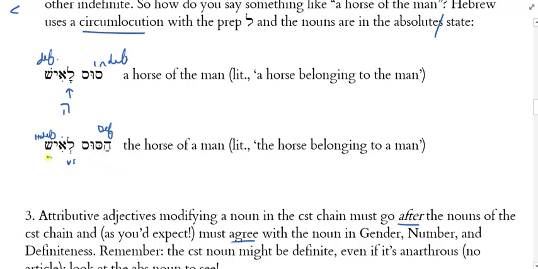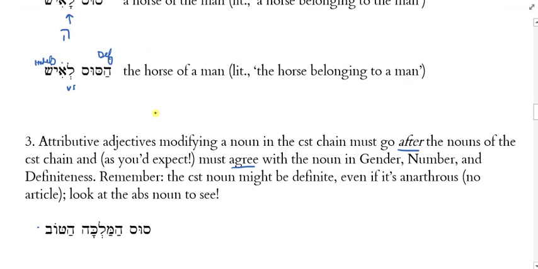So these are both the absolute forms of their respective nouns. So the horse belonging to a man is one way to translate this, or simply the horse of a man. So in your translation, these will sound like construct chains, but they are not construct chains. They are just absolute nouns followed by a prepositional phrase with another absolute noun.